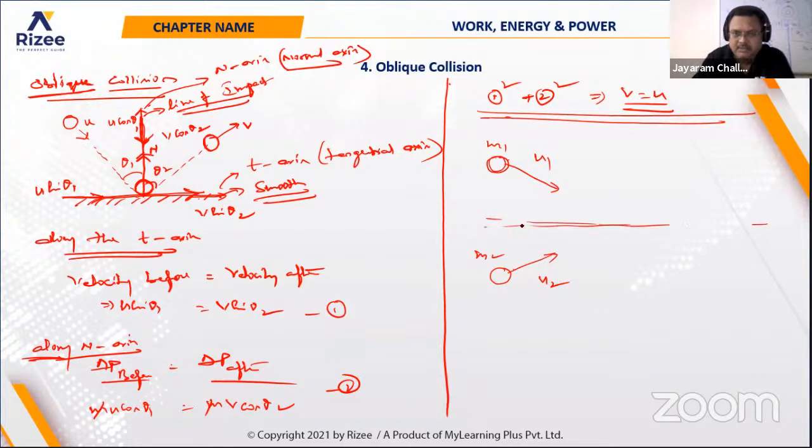Let this be the horizontal line, the x-axis, and both bodies collide at a particular point here. This is your tangential axis, the t-axis, and this is your line of impact. You can call it the n-axis, or the line of impact.